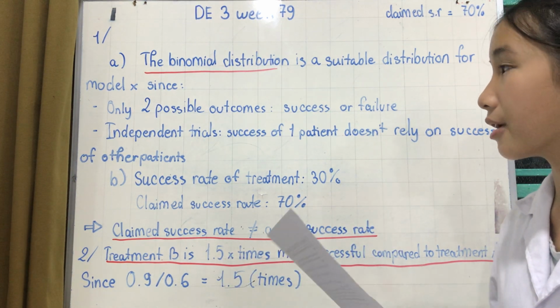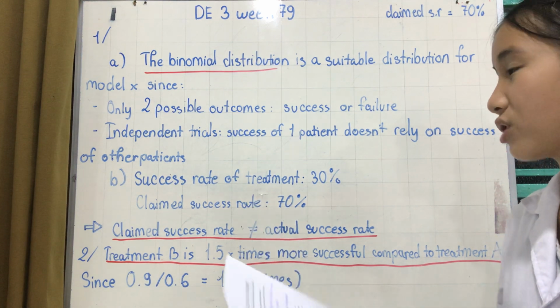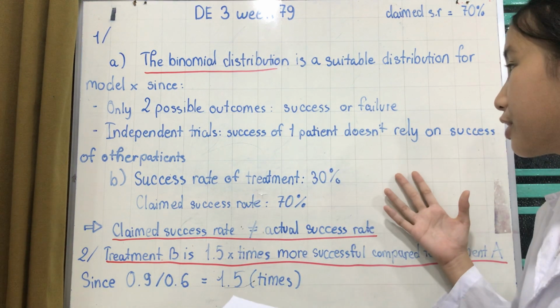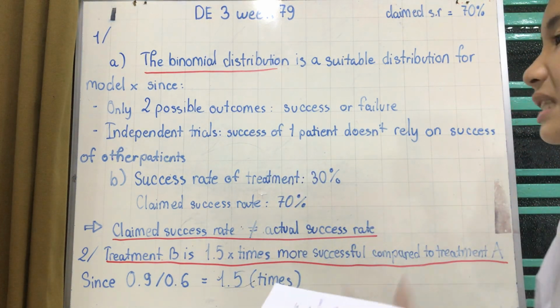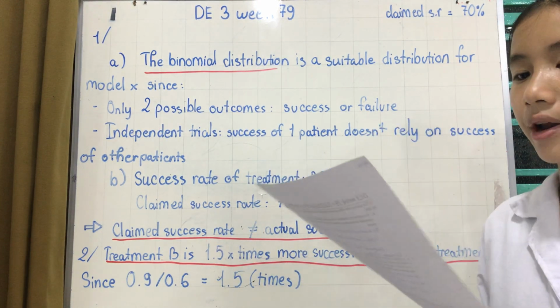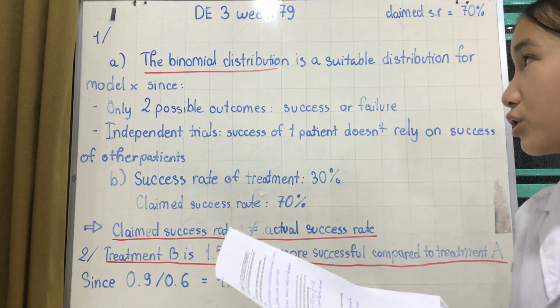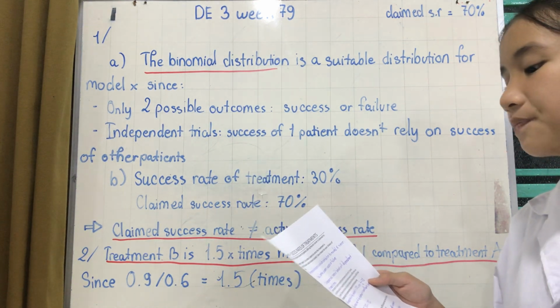And the model X also has independent trials, so the success of one patient isn't dependent on the success of other patients. So that is problem one. The suitable distribution to model X is the binomial distribution.